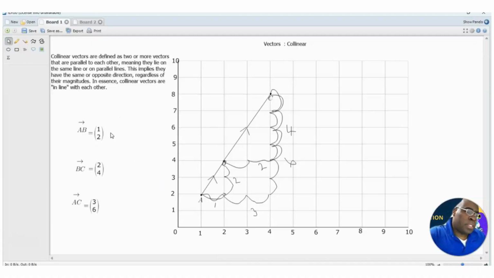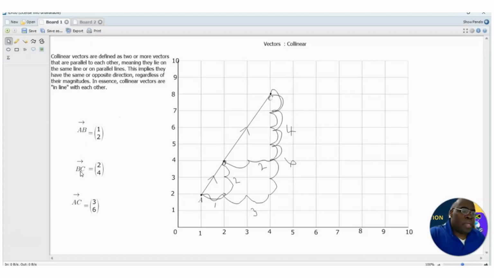If you notice, there's a ratio of AB and BC. There's also a ratio with AB and AC. Good. So let's look at it.